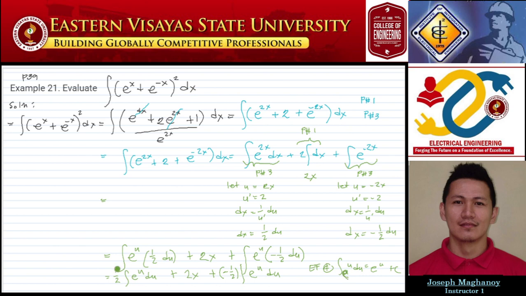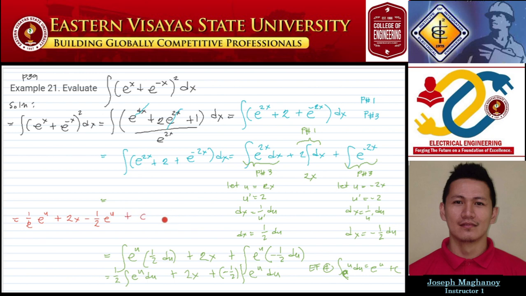So finally we can rewrite our final answer: 1/2 e raised to u plus 2x minus 1/2 e raised to u plus c.